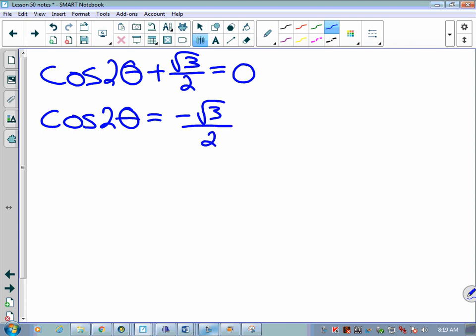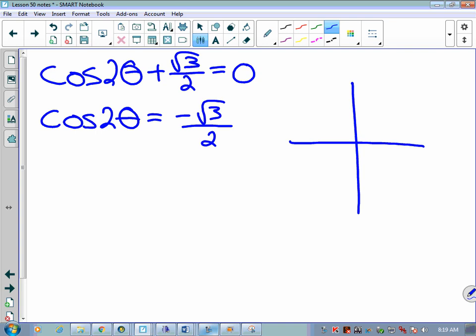At this point, we begin to take that ratio, representing cosine, with negative radical 3 over 2, and plot it. With cosine, we want to consider what cosine is. Cosine is adjacent over hypotenuse.